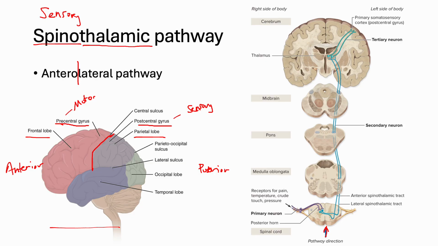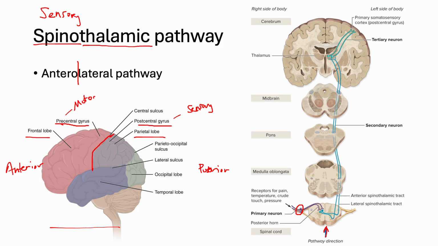Okay, now let's dive into this pathway, the spinothalamic pathway. Our primary, or first order neuron, is the one that's bringing the sensory information in. For example, from our skin, it could be crude touch, temperature, or pressure. The cell body of this primary neuron is in our dorsal root ganglion. That's where all of the cell bodies for the somatosensory information coming into the spinal cord will be.